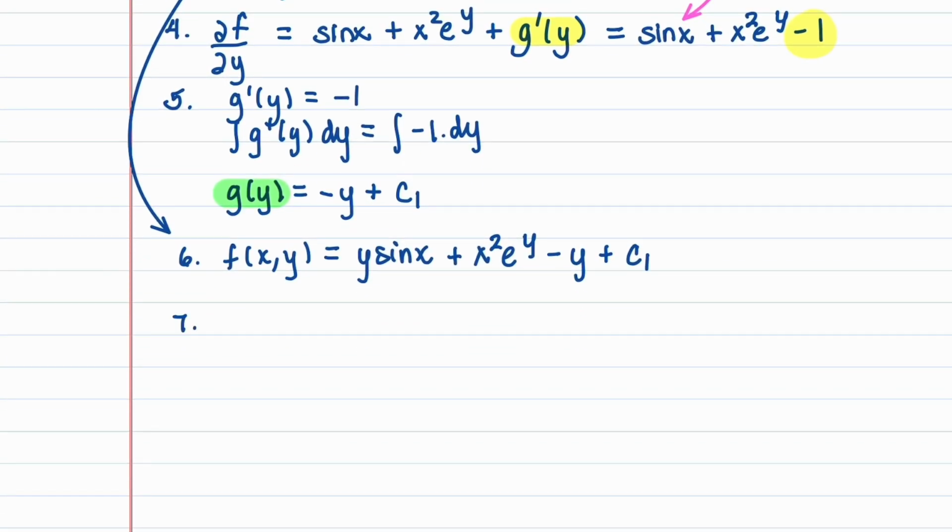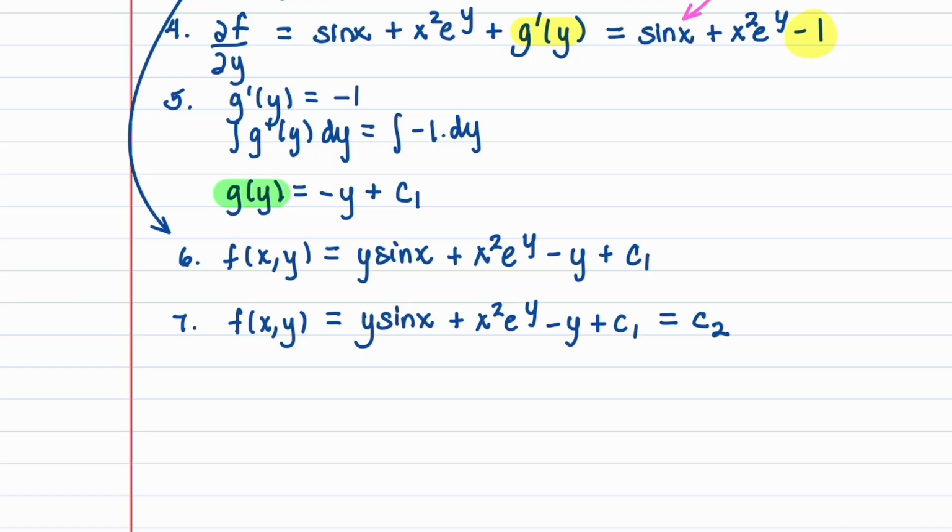Now we're going to go ahead in step 7 and find our final solution. We are going to take f of x, y that we just found in step 6, y sine x plus x squared e to the y minus y plus c1, and we're going to let that equal an arbitrary constant because that's the solution to an exact equation.